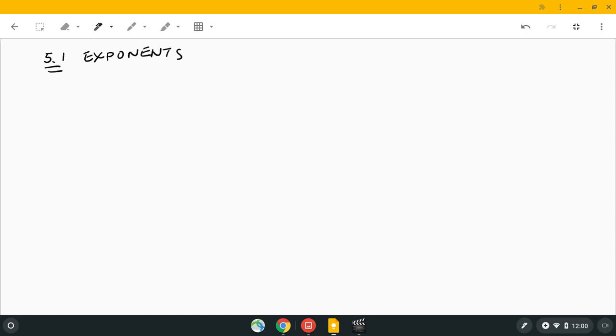All right, so let's first take a look at what exponents mean and what they are used for. So exponents are used to represent repeated multiplication.